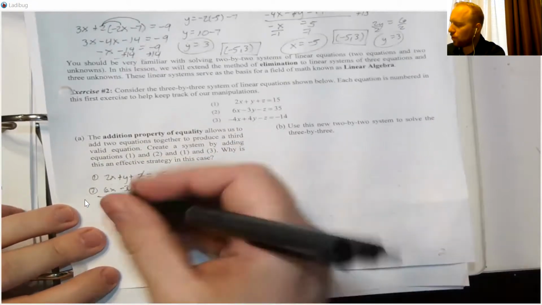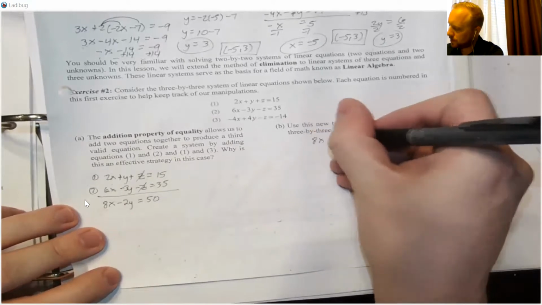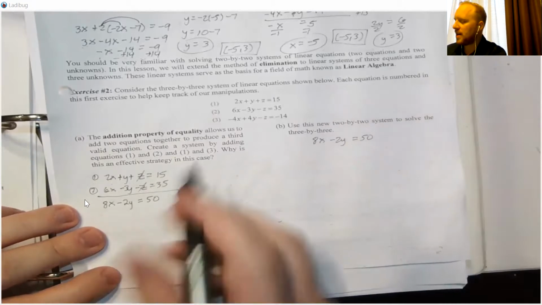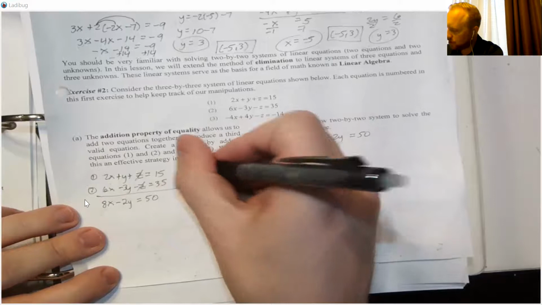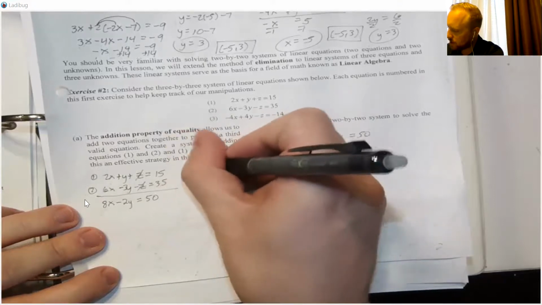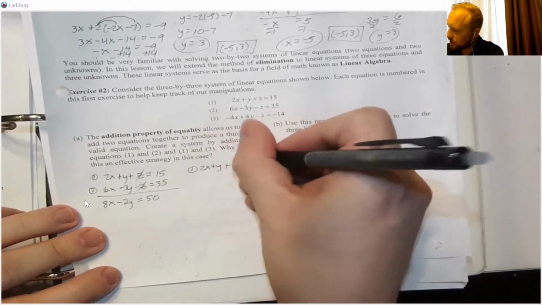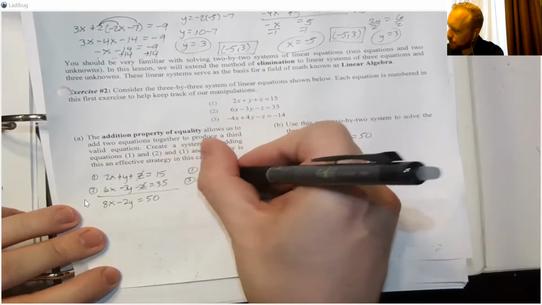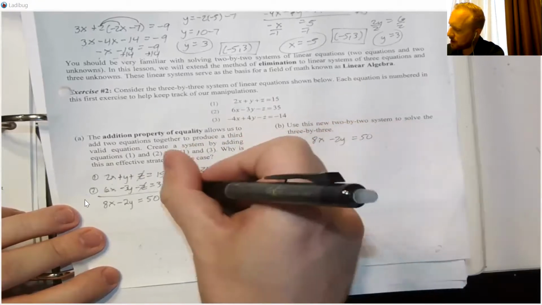Okay, so we're going to take our new equation and put it over here. Now we're going to take equations 1 and 3 and do that one. So 2x plus y plus z is equal to 15, and our third equation, which was -4x plus 4y minus z is equal to -14.